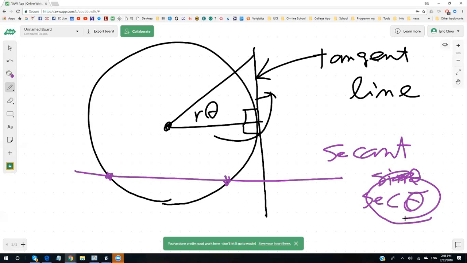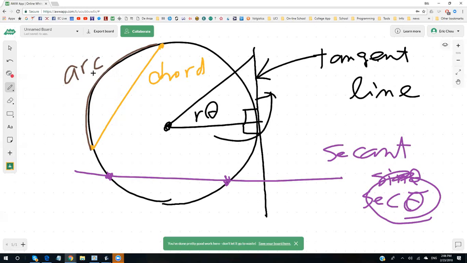And then there's another line. What's this? Oh yeah, chord. What's this? Why is it called chord?